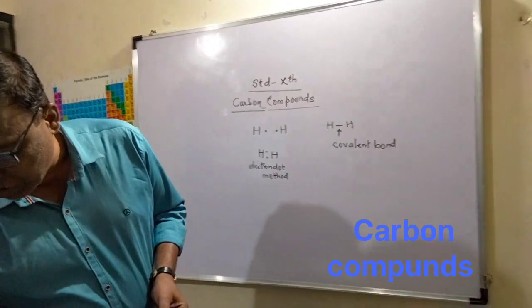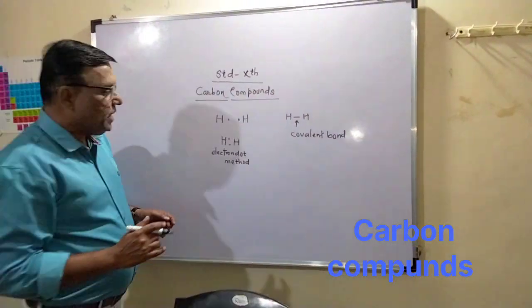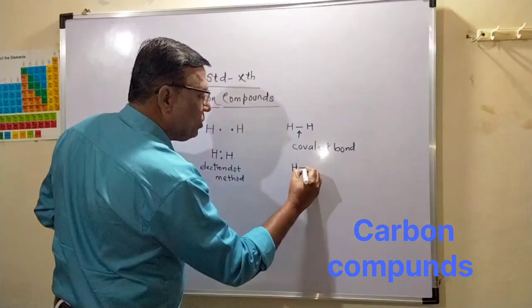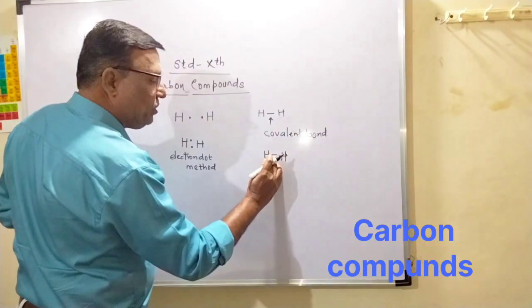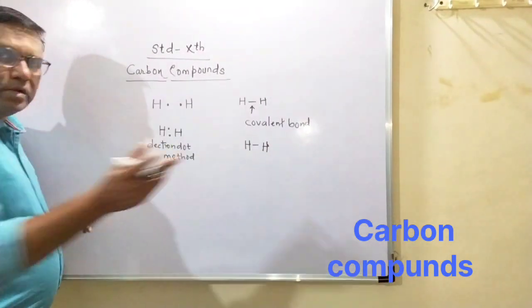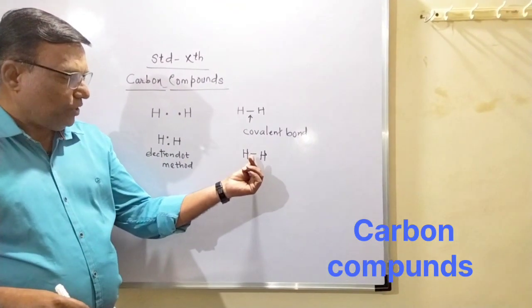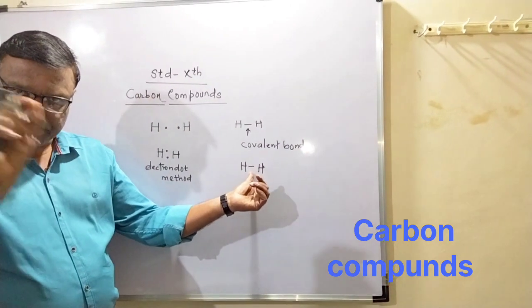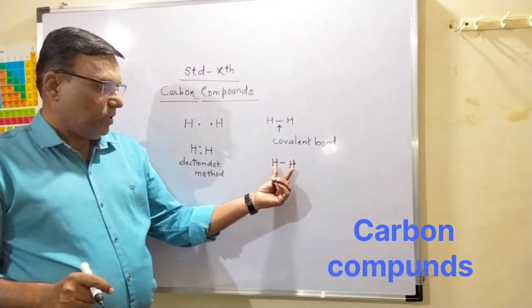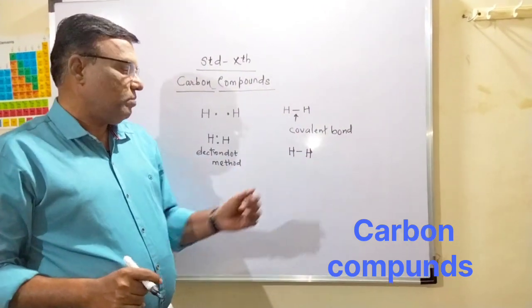And here is another method, in which two atoms are joined by a single covalent bond. So this is the second method, in which we show one line, a single line between two atoms representing a covalent bond.